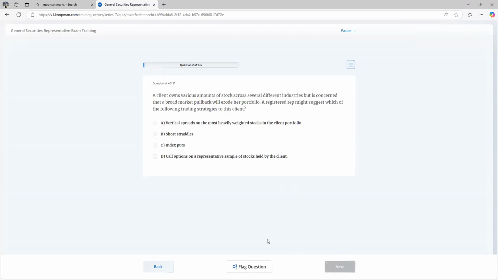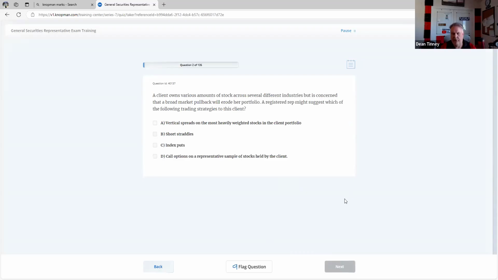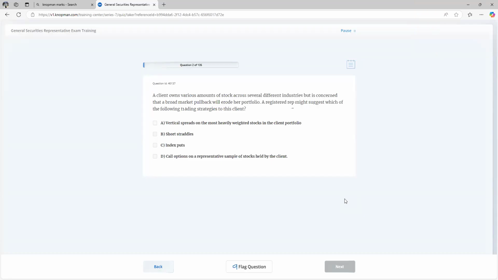Okay. A client owns various amounts of stock across several different industries, but is concerned that a broad market pullback will erode her portfolio. A registered rep might suggest which of the following trading strategies to this client?